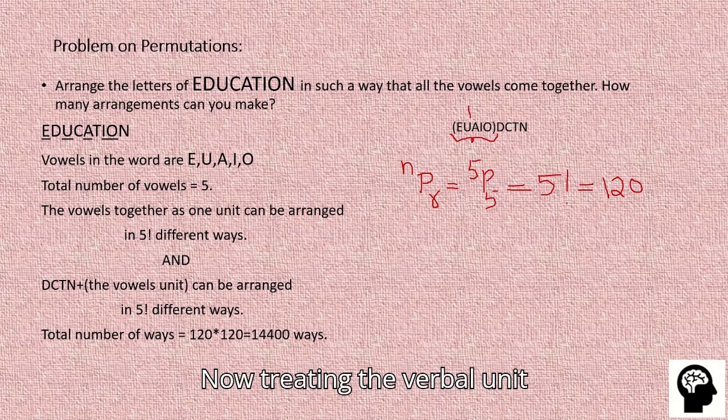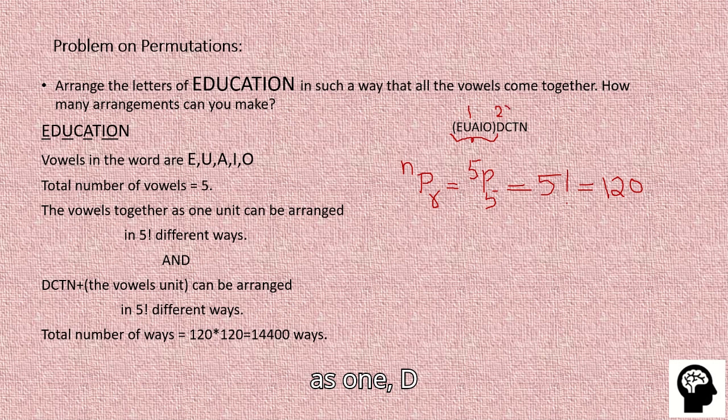Now treating the vowel unit as 1, D as 2, C as 3, T as 4, and N as 5.